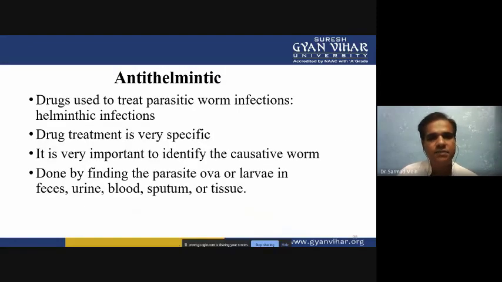Next are anti-helminthic drugs, which are effective against worm infections, particularly helminthic infections, and are useful for specific types of infection.